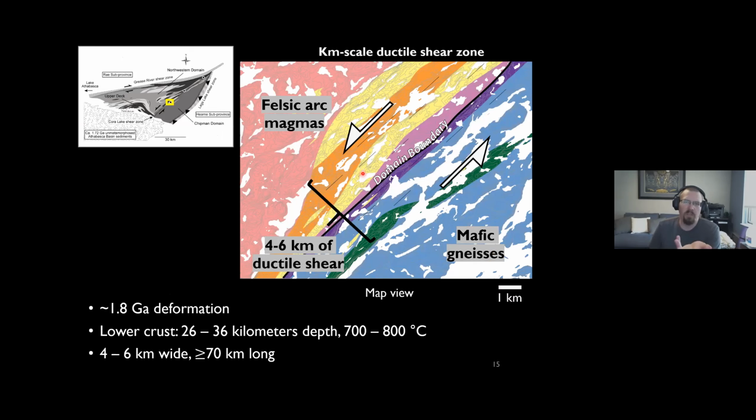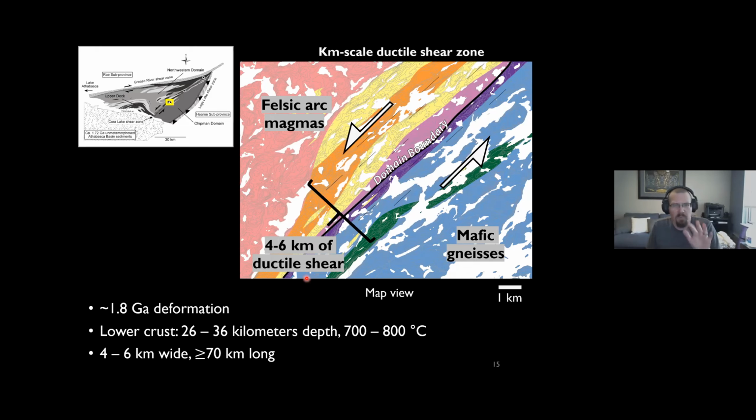This is essentially a good representation of the shear zone. The shear zone stretches for at least 90 kilometers, but usually it's around 4 to 6 kilometers wide, as we see here. It's centered right on the boundary between a really felsic domain to the northwest and a really mafic, feldspar-rich domain to the southeast.